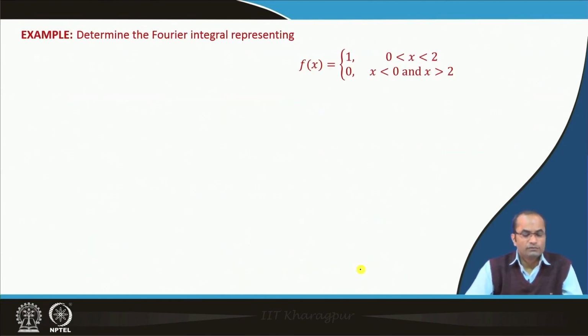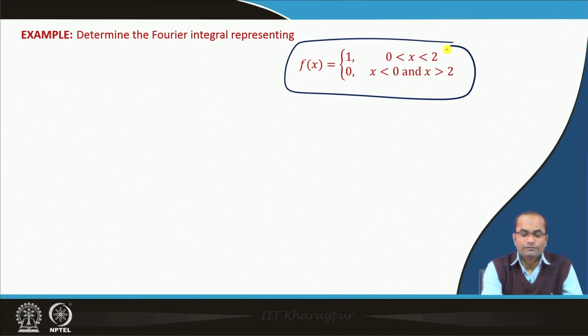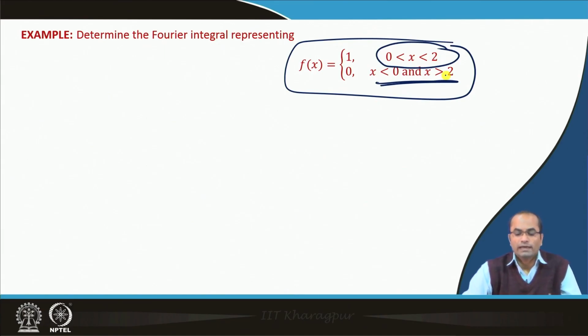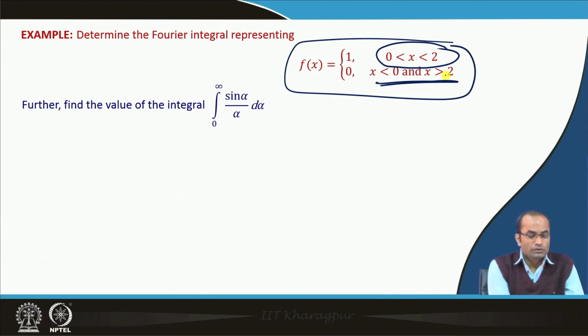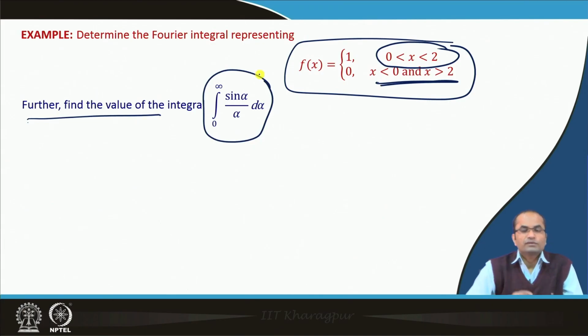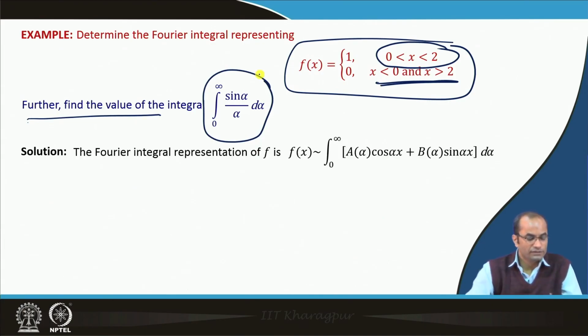Another example where we will determine the Fourier integral of this function, which is defined in 0 to 2 as 1, and in the rest, when x is less than 0 or x is greater than 2, the value is 0. We further want to find the value of this integral. Again, the convergence result will be used to get the value of this integral.